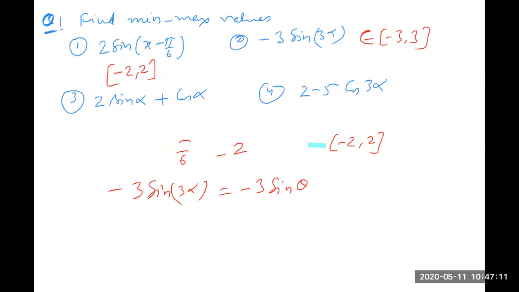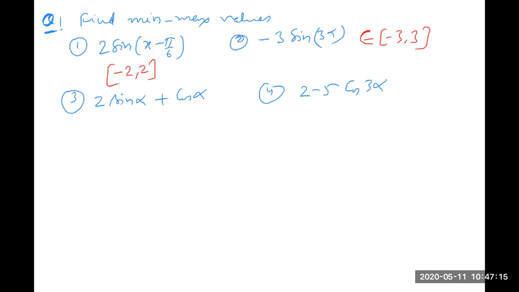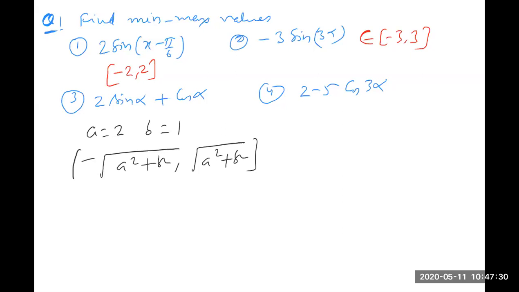Now, in this question, you have to convert. Minus root 5 to root 5. Yes, correct. A is equal to 2, B is equal to 1. So minus under root a square plus b square to under root a square plus b square will be the answer. So this will be minus under root 5 to under root 5.